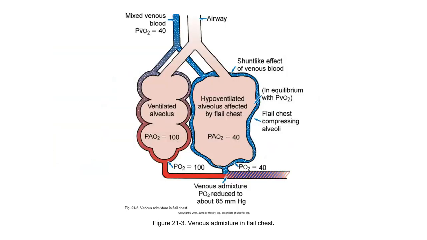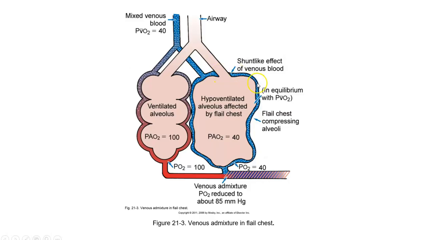When this happens, we end up with mixed venous or shunt-like effect blood. So we have a regular ventilated alveolus where unoxygenated blood is coming back. It's being oxygenated like it normally should. But in the area where the flail chest is occurring, you have hypoventilation.